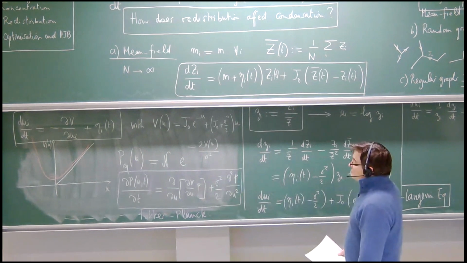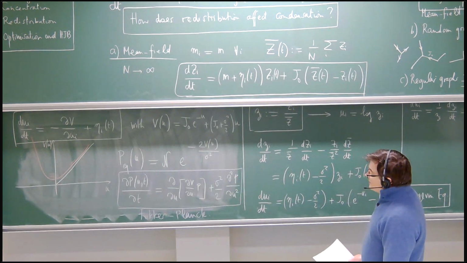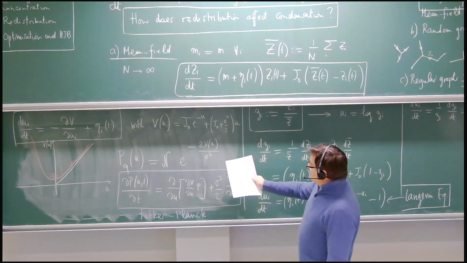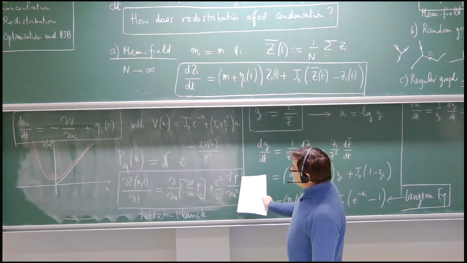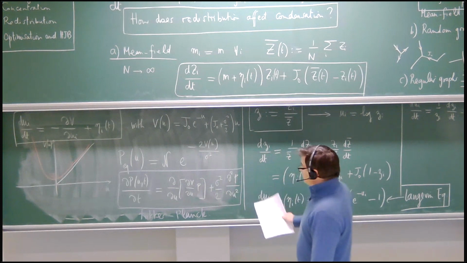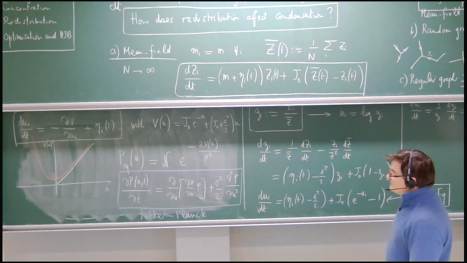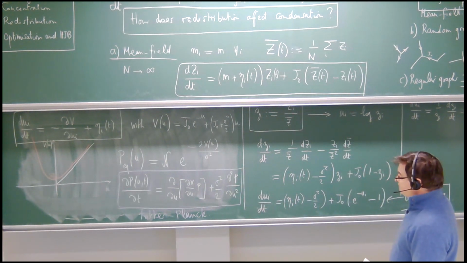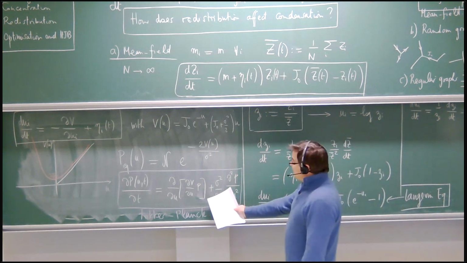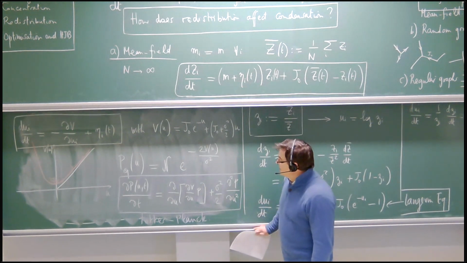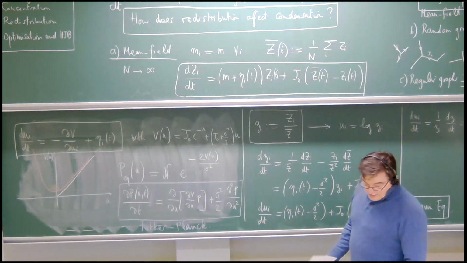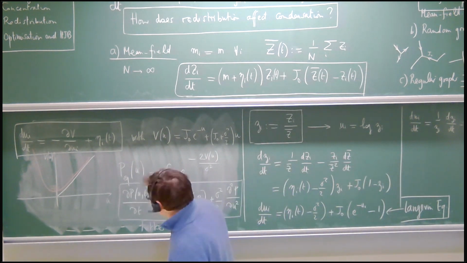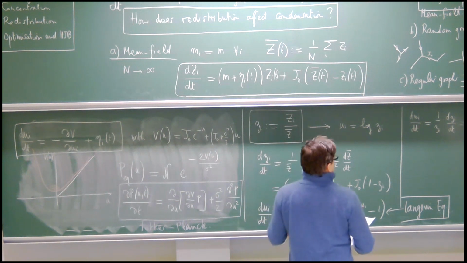You can quickly check that if you inject this shape of P equilibrium here, this term is 0, so that dP/dt is indeed 0 at equilibrium. The Fokker-Planck equation is a very useful formalism, and I'm going to use it several times later in these lectures.